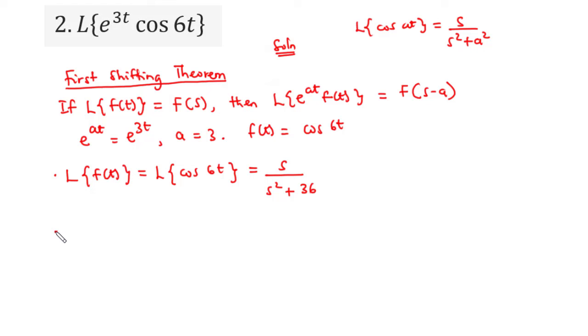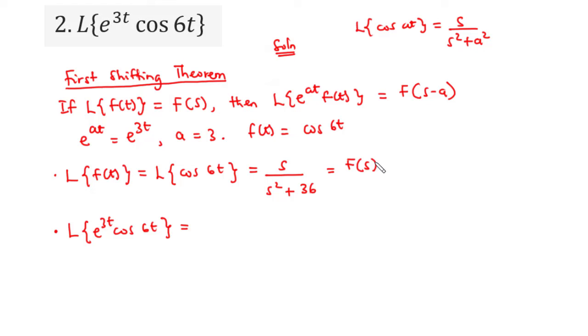Now the next thing is we want to find the Laplace transform of the function given, which is e to the power 3t cos 6t. Now we need to understand that the Laplace transform of f of t is what we have as F of s.